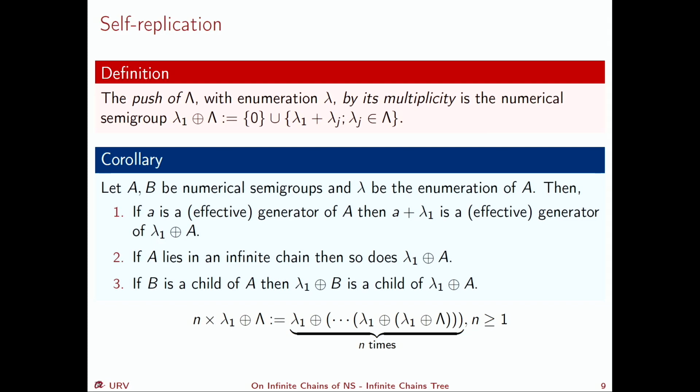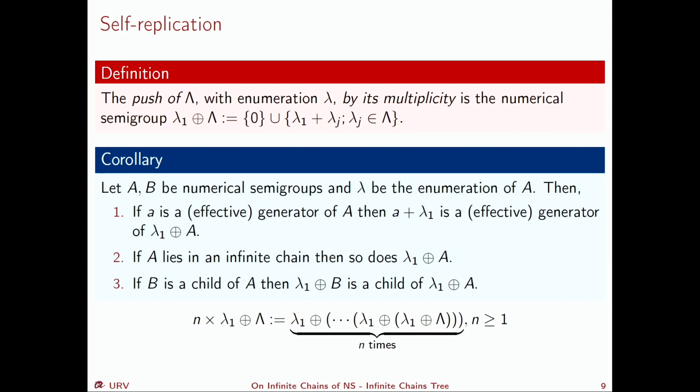We have found another property in the tree formed only by numerical semigroups in an infinite chain, and the property is self-replication. We have that definition, which is very important for self-replication.